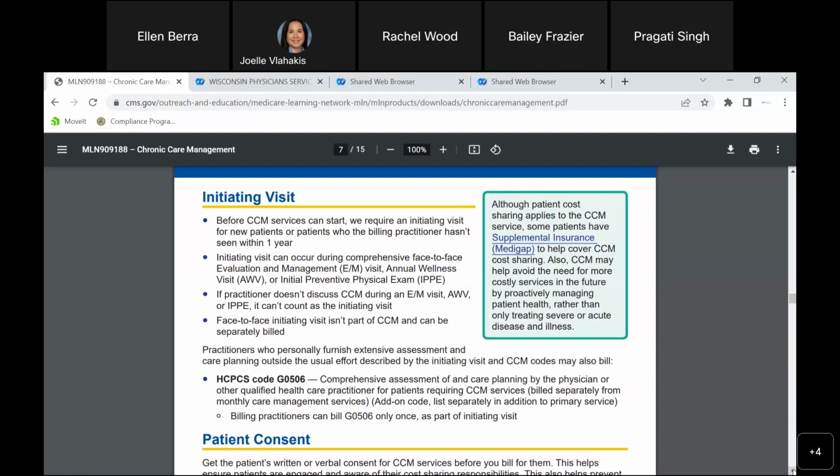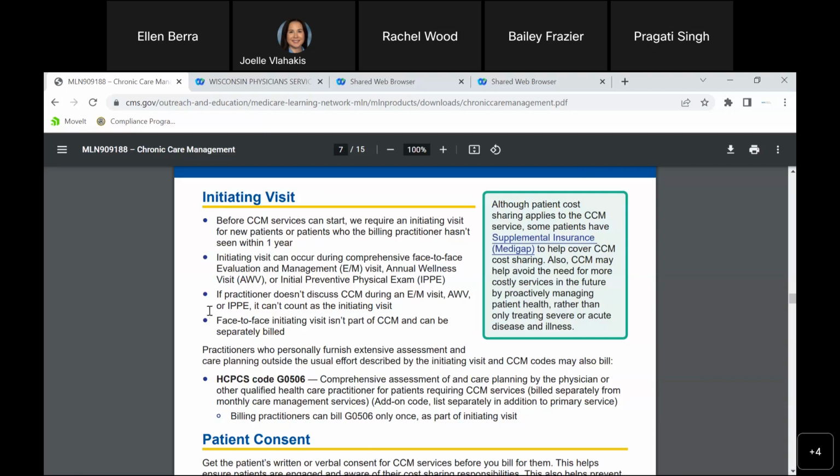Now you'll notice on here that it says can occur during a comprehensive face-to-face E&M. CMS does not require any specific level of your E&M service, so it is simply a face-to-face E&M service.